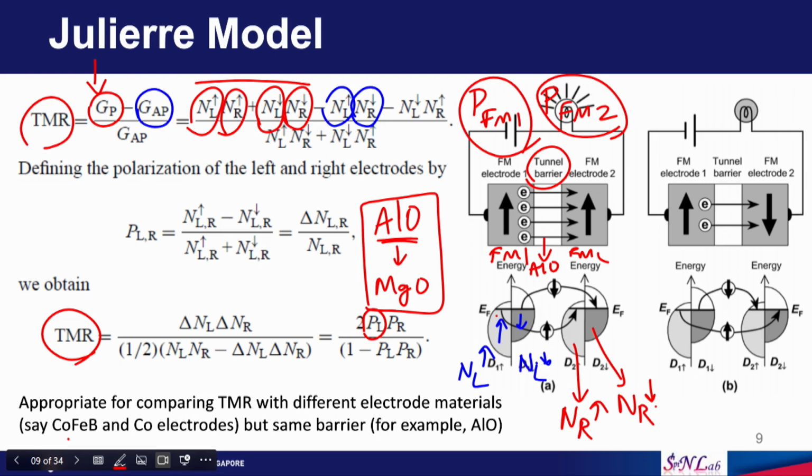Okay, so the definition of polarization is given here. Let us say we talk about only one ferromagnetic layer, let us erase this one.